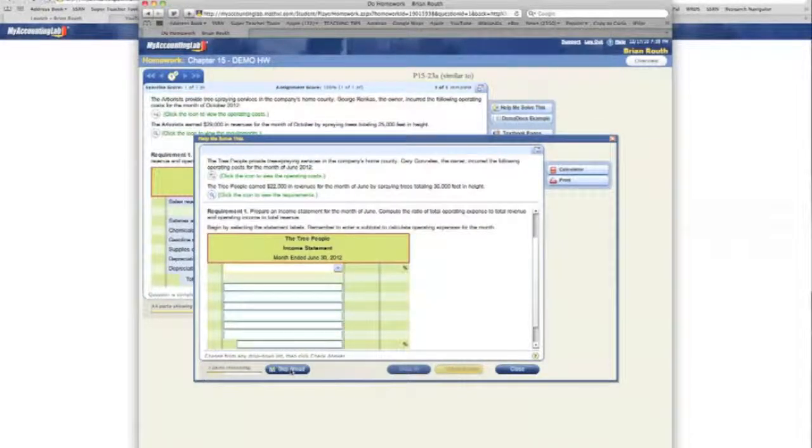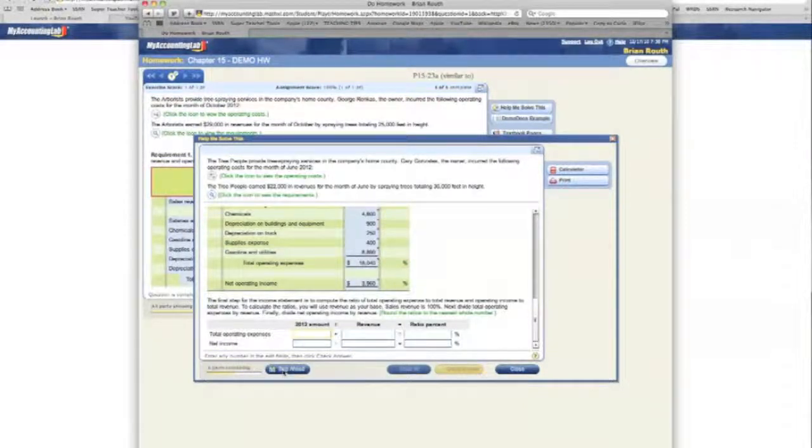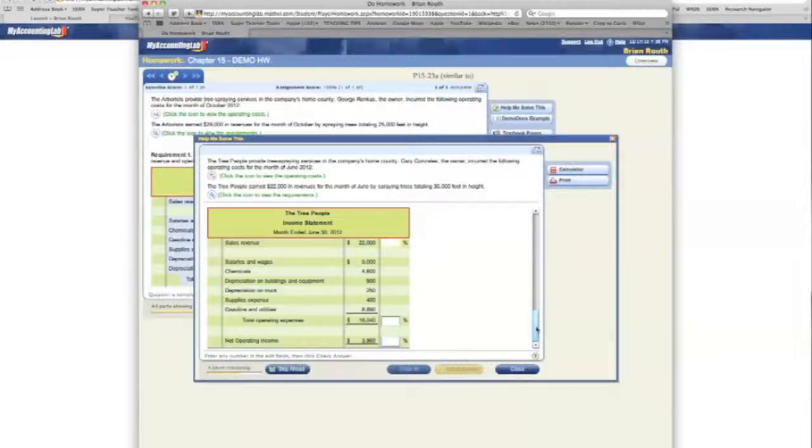So there's my income statement, and by skipping ahead or doing the Help Me Solve This, this does not count towards your grade. It's just a tool for you. So you could skip ahead, fills in the information for you, and the numbers, and then notice something a little bit different. It actually leads you through how we calculated those ratios, step by step, how you do it. Whereas our original problem did not do that. We just had to figure it out on our own.